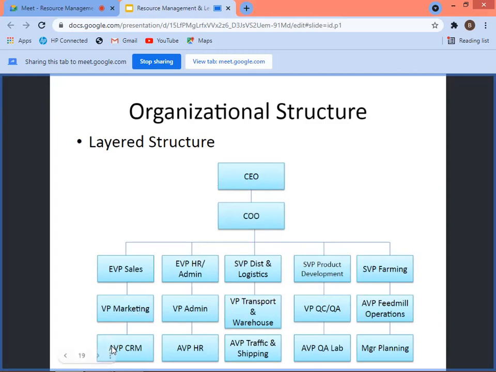It doesn't mean that this VP is reporting to the EVP or the SVP, senior vice president, executive vice president, assistant vice president, etc. So what I'm just saying here is there is now a COO, especially if you're having multiple strategic business units, SBU. You need more CEOs, one for each SBU. Like you're a food company, for example, you have a cheese business, cheese manufacturing plant.